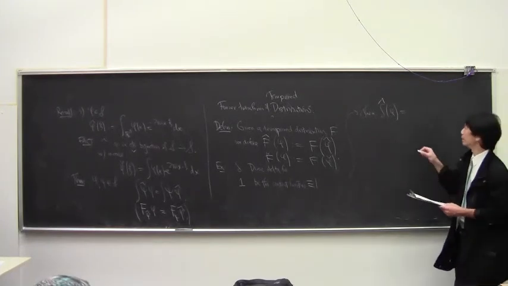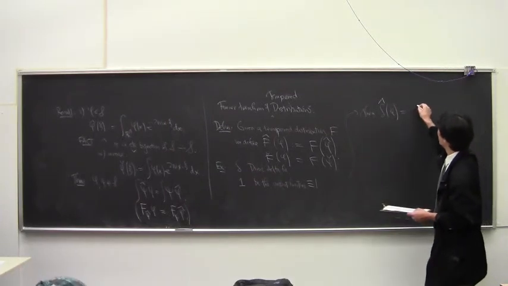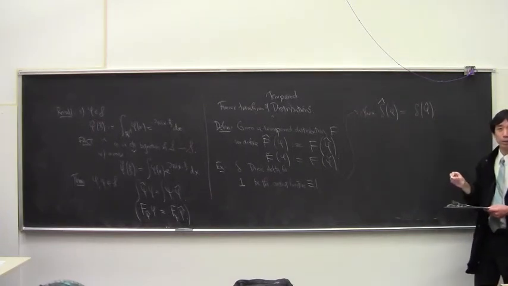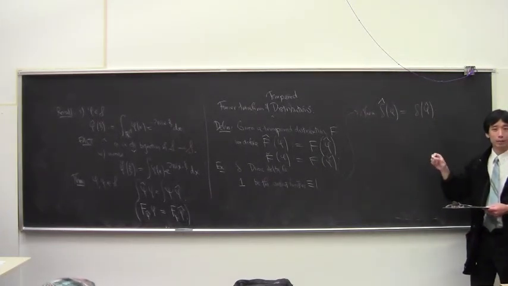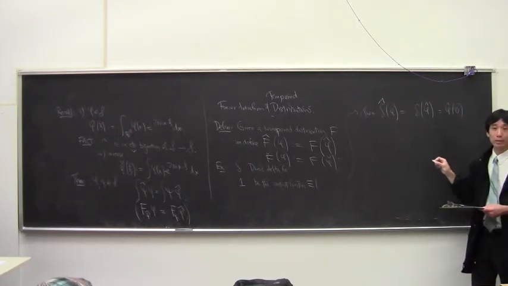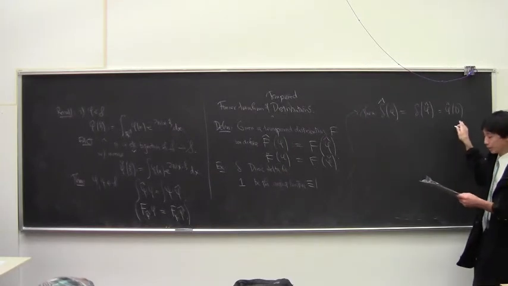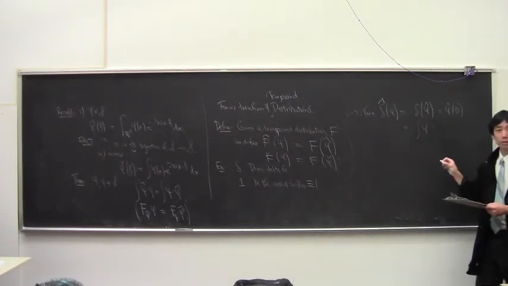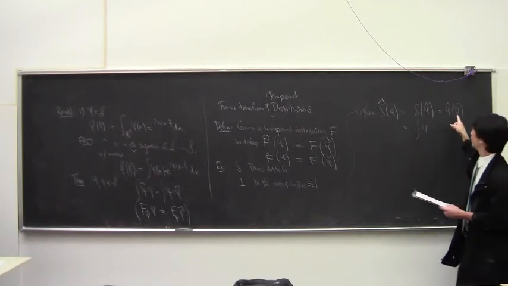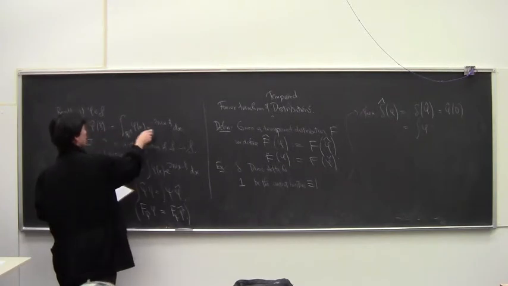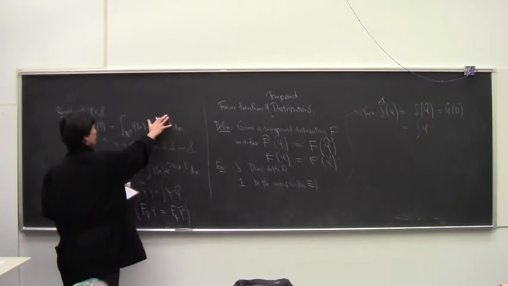Well, by definition, it ought to be the Dirac delta acting on the Fourier transform, right? The Dirac delta acting on the Fourier transform ought to pick off the value at 0. But what is that? The Fourier transform evaluated at 0, this term vanishes, and you get the integral of phi.